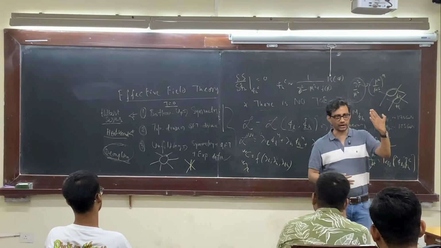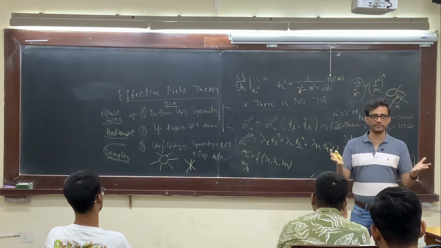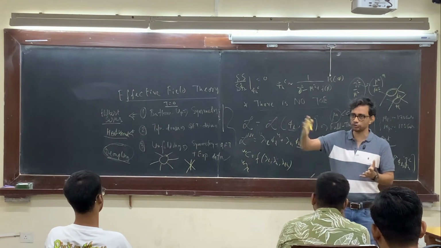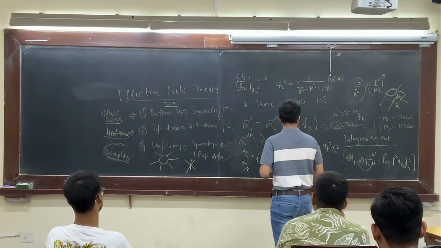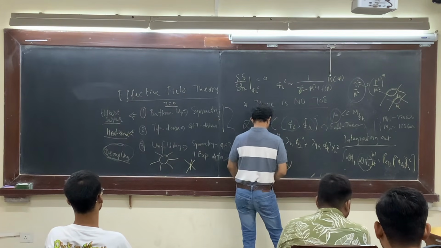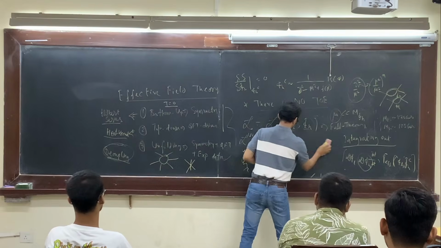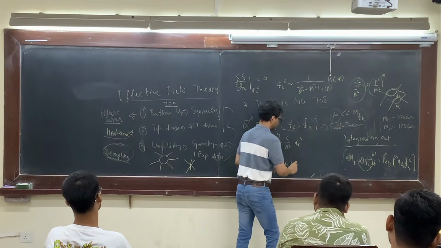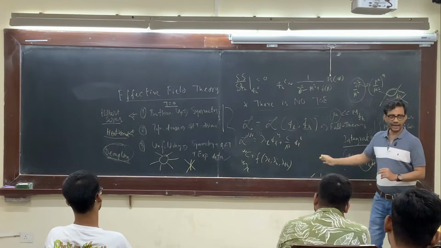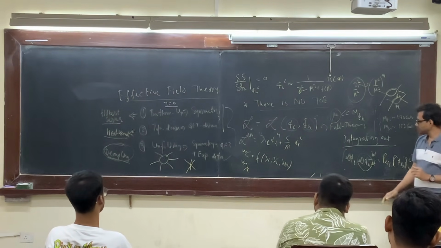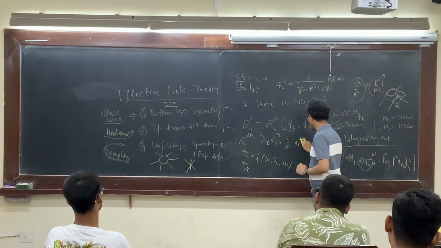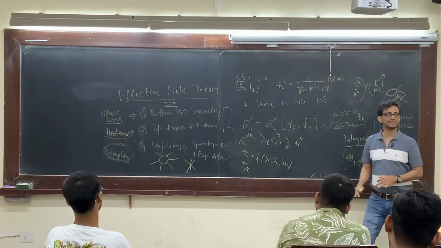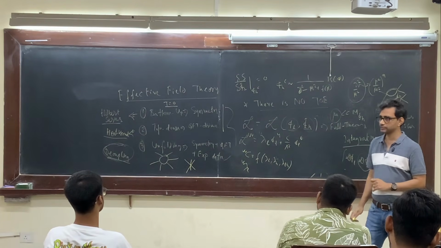So what is the meaning of effective field theory renormalization? Until phi 4, you extend your theory to phi 6, let's say. So for example, I add an operator C by lambda square phi to the power 6. If I add this operator, then what I'll find is that I additively generate more operators at the dimension 6 level itself.